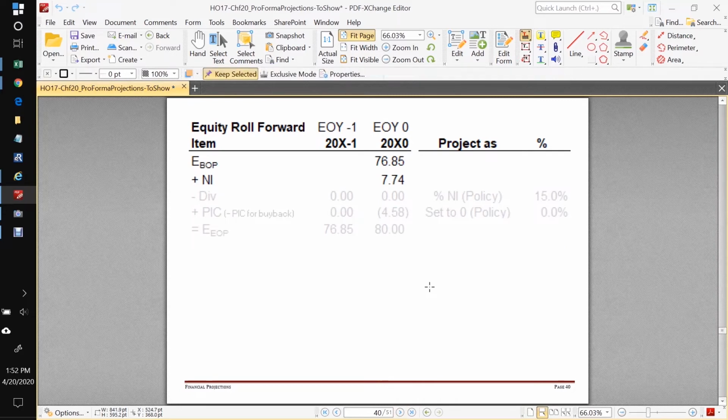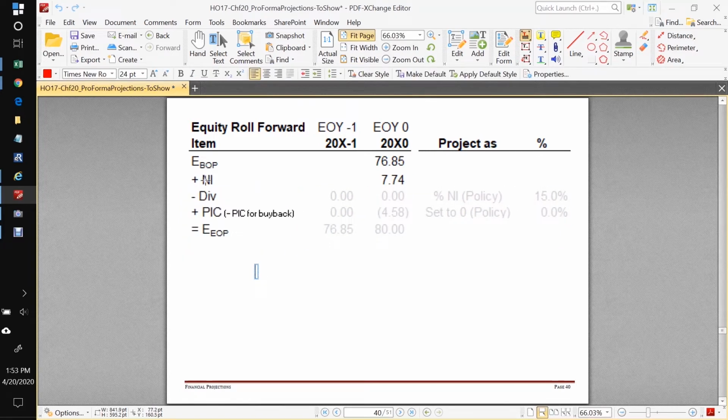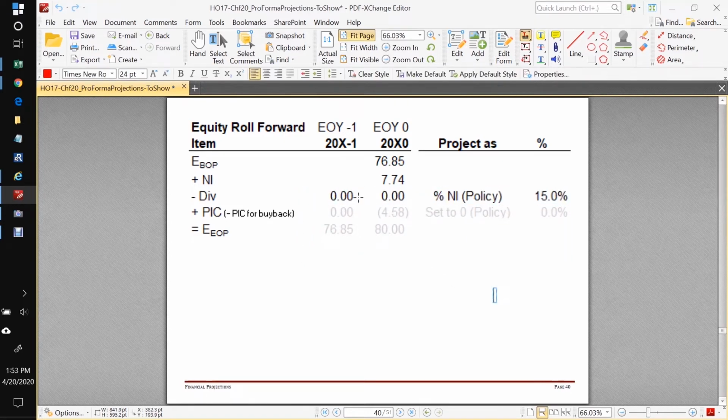And next thing we're going to want to project is our equity roll forward equation. And that again is equity beginning of period plus net income minus dividends plus paid in capital equals equity at the end of the period. And the dividends, they haven't been issuing dividends, but going forward, they're going to have that payout ratio of 15%.